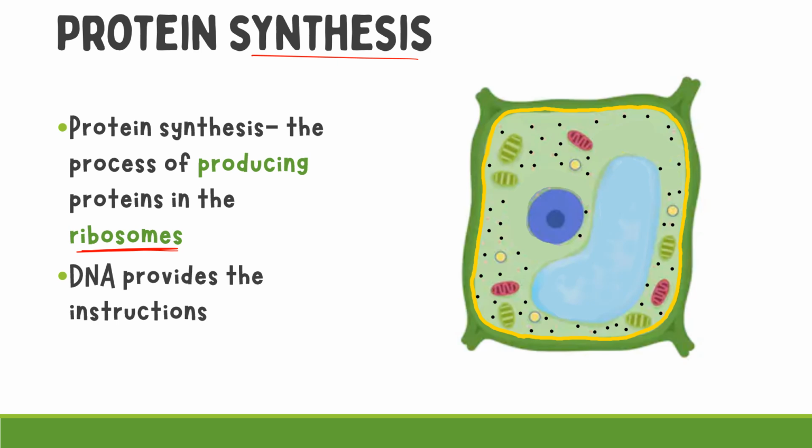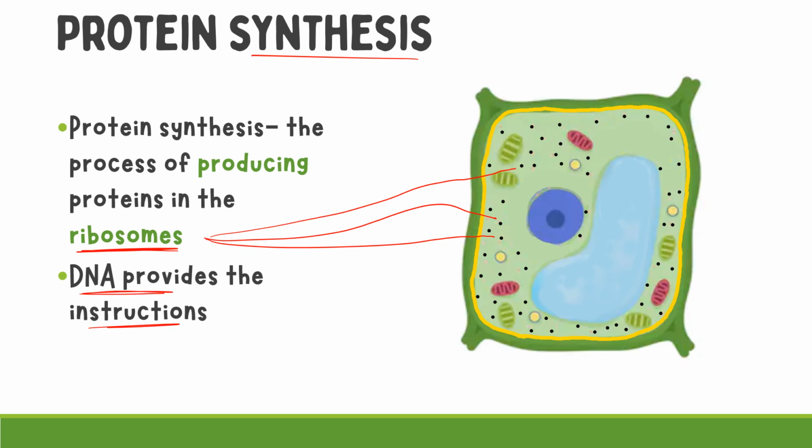So protein synthesis is the process of cells producing all of the proteins that they need, and it occurs in those tiny sphere-like organelles, the tiny little black dots here, which are called ribosomes. They're basically protein factories. That's all they do. And remember, it's the DNA itself that provides the instructions for how to make the proteins. So the DNA is the cookbook, and the proteins are the finished cake at the end.